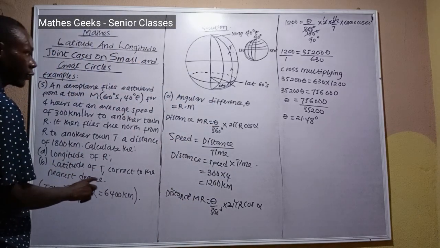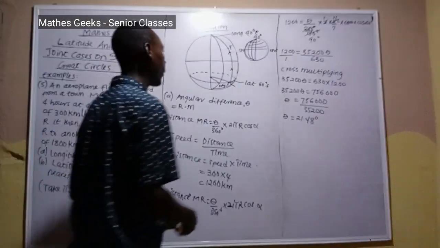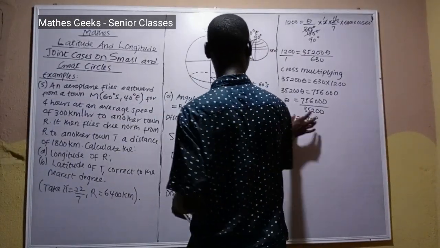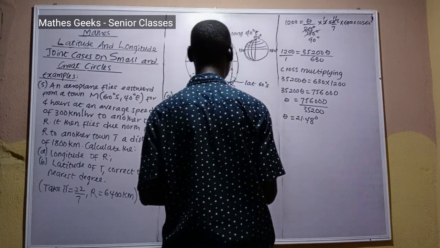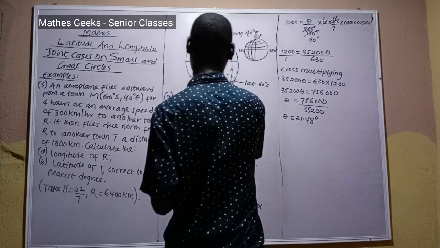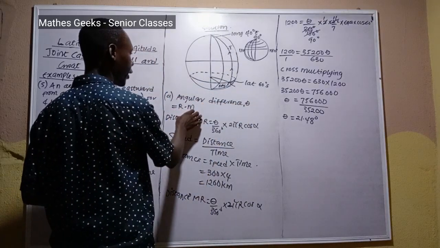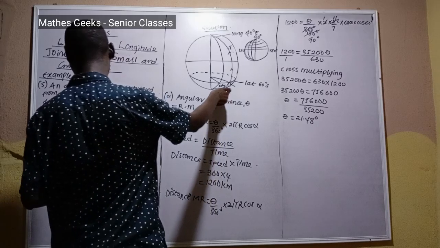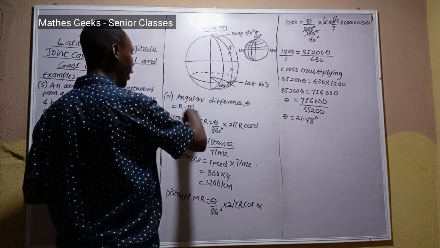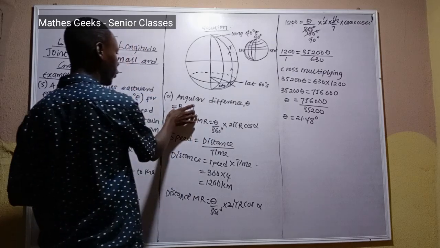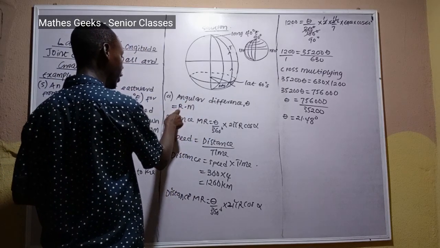Now we've gotten theta, which is 21.48 degrees. Remember I said the angular difference theta is equal to R minus M. If the longitude of R was given and we had to look for theta, we would have subtracted the smaller longitude from the larger longitude.